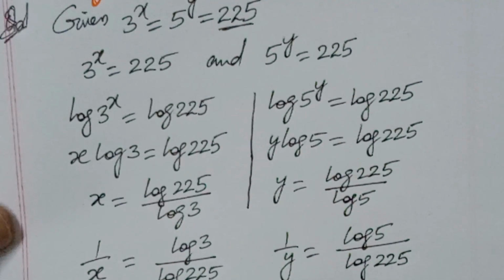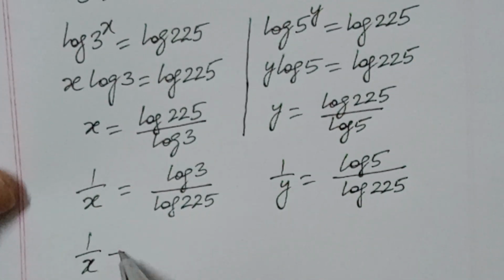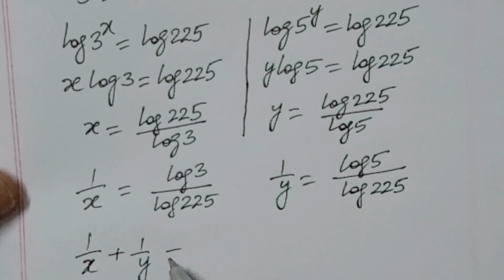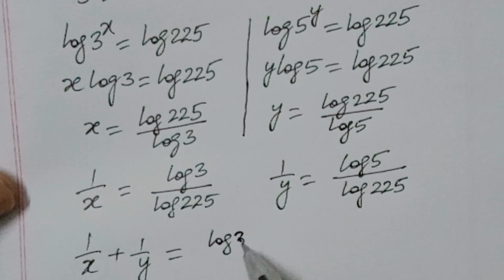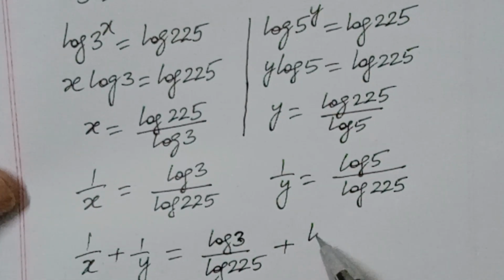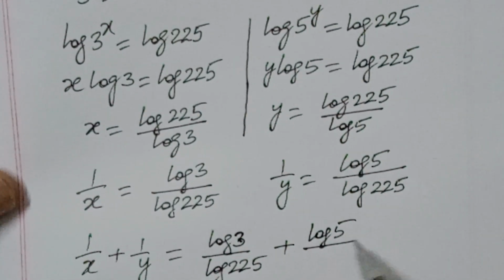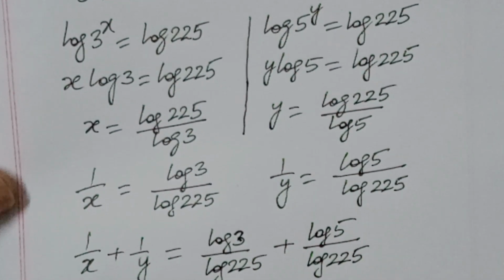Now he is asking to find 1 by x plus 1 by y. So log 3 by log 225 plus log 5 by log 225.